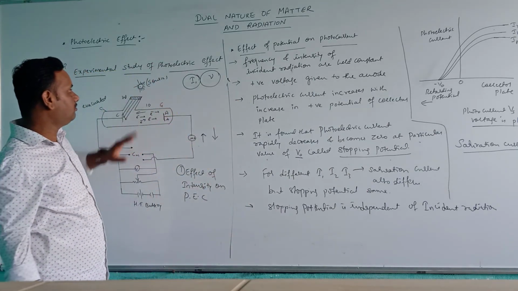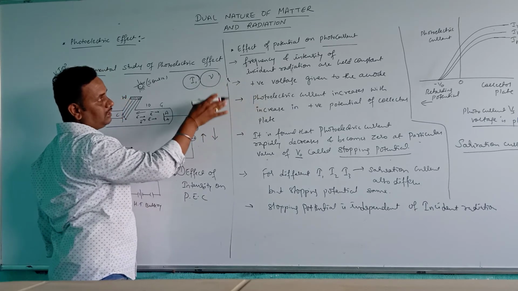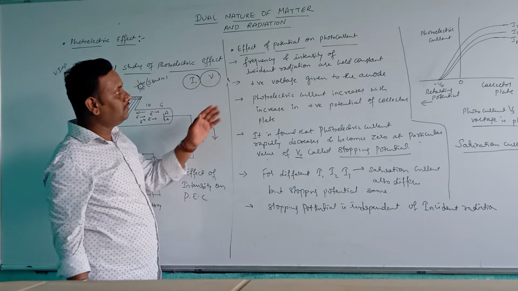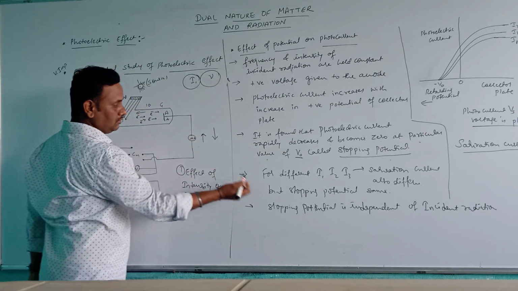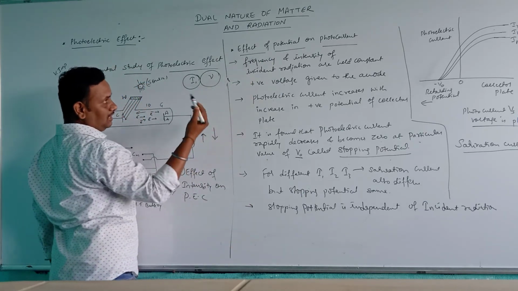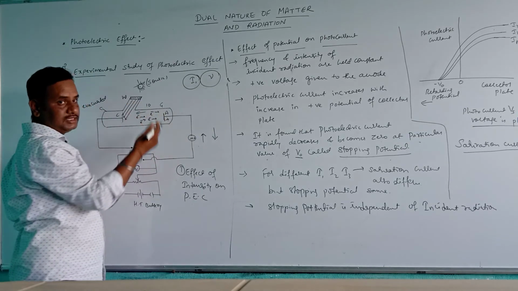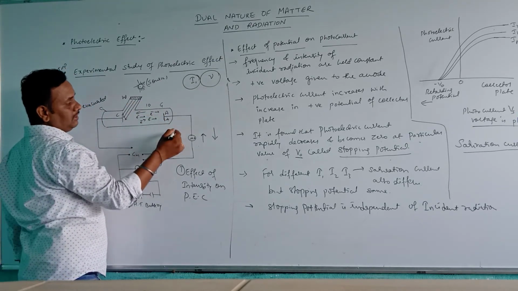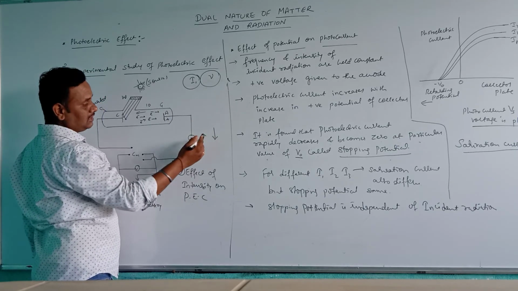So this is what we covered in today's class. In conclusion, what is the effect of potential here? As the positive potential increases, and for different intensities of light, there will be different saturation currents, which is called the photoelectric saturation current.